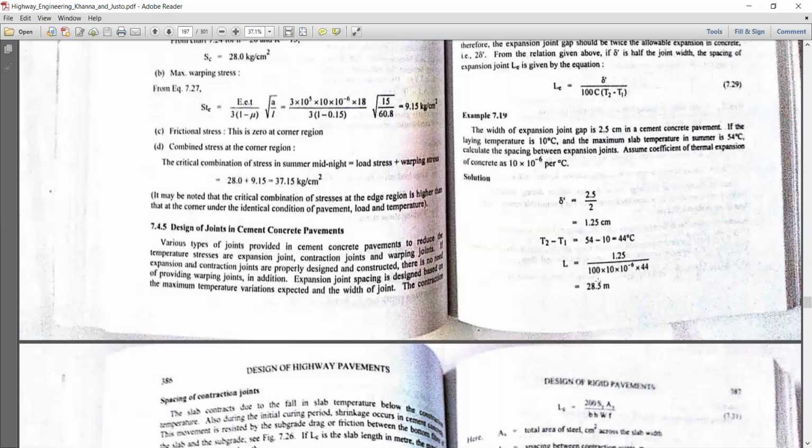Delta dash is delta by 2, 2.5 divided by 2, that is 1.25 centimeter. T2 minus T1 is 44 degrees Celsius. Substituting in the formula, you will get 28.5 meter. It means the spacing between expansion joints is 28.5 meter. Every 28.5 meter, the expansion joints can be provided on the concrete pavement.